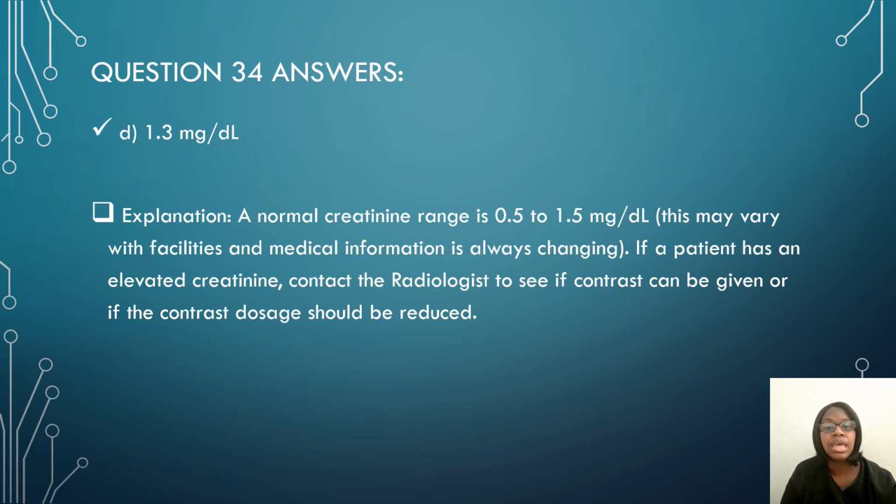And also, if the creatinine range is above 1.5, 1.7, and so forth, you need to reach out to the radiologist. Just say, hey, this patient is diabetic, or not a diabetic, they have this type of scan order, they come in for this. Should I give them contrast, or do you want me to reduce the dose or no contrast?